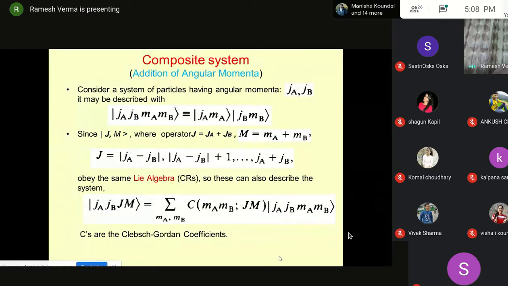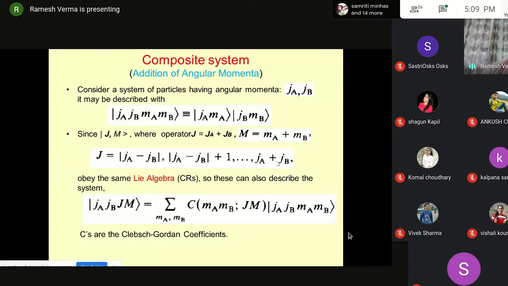I know that we have this in our master's syllabus as far as the treatment of angular momenta is concerned. These Clebsch-Gordan coefficients are very important. They are actually a consequence of the structure constants which appear in the commutation relations. But ultimately, these coefficients are what give you the physics. When we apply the Wigner-Eckart theorem to obtain various physical results, these Clebsch-Gordan coefficients will actually give us the physical results. So it's really very important.